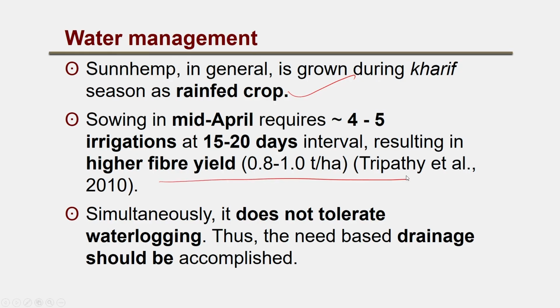So in certain cases, it can be grown during the summer period. But in summer period, for example, in Pratapgarh district of Uttar Pradesh, you need to apply 4 to 5 irrigations at an interval of 15 to 20 days, and you can get good fiber yield. So therefore, under certain conditions, it can be grown as an irrigated crop also.